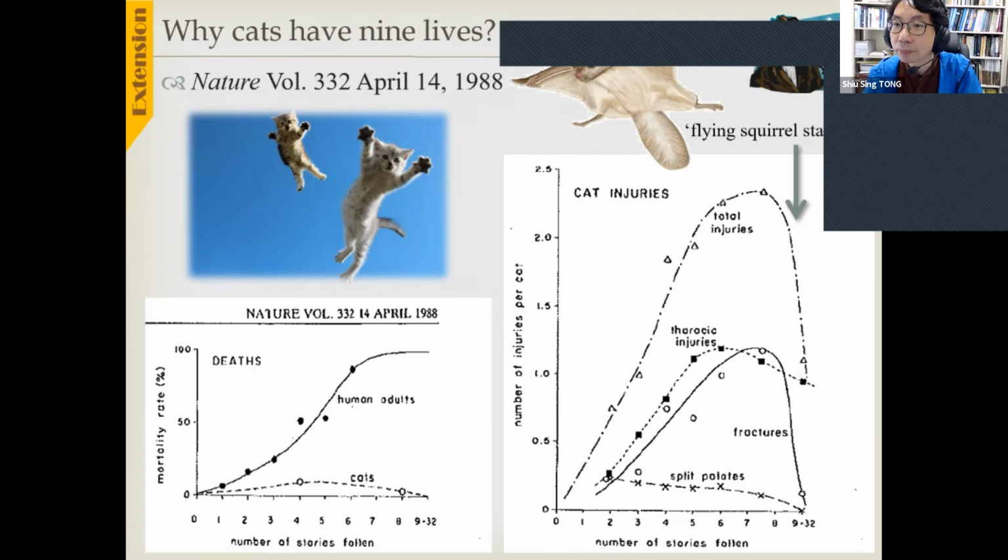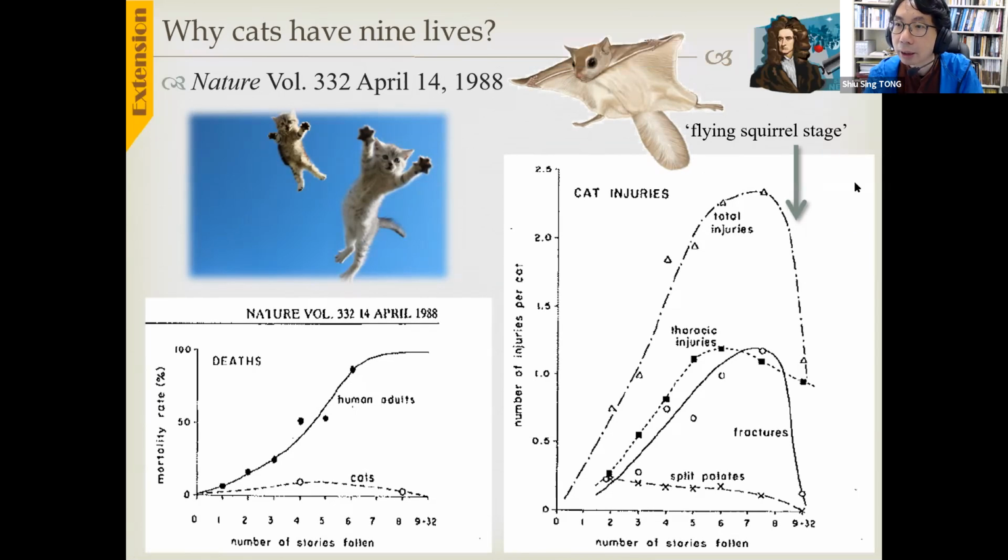And therefore, when it reaches terminal speed, the net force is 0. The cat feels relaxed, and it has more time to turn its body. So it turns its body and has its 4 legs facing the ground for a safer landing.